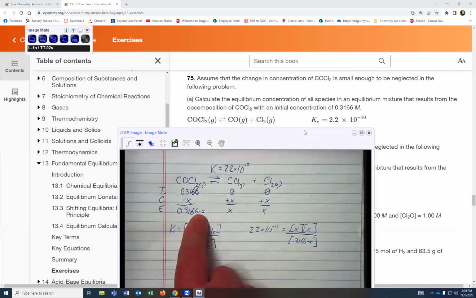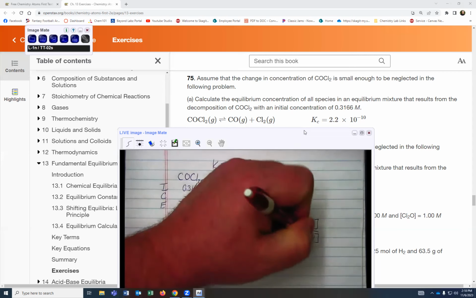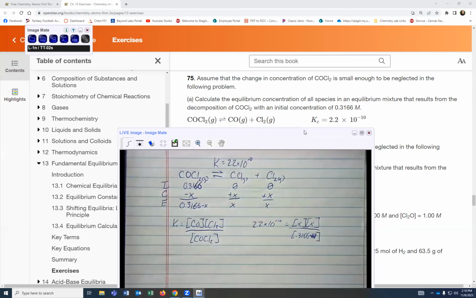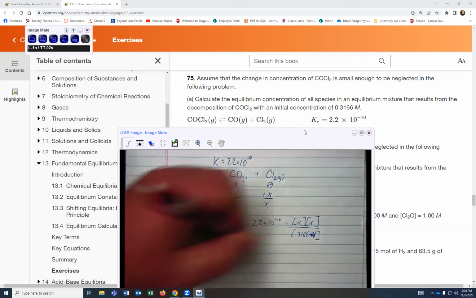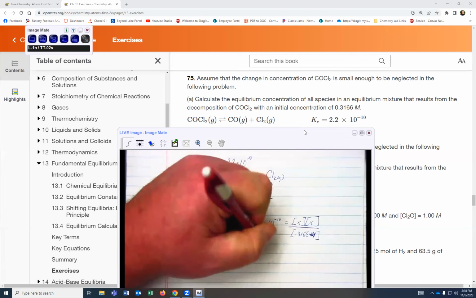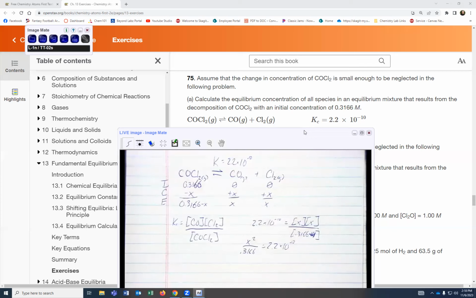In other words, we don't need to make much of a change from where we're at right now to get to equilibrium. So how does that benefit us? If we can say that 0.3166 minus x is approximately equal to 0.3166, then our calculation gets really easy. So x squared over 0.3166 is equal to 2.2 times 10 to the minus 10.